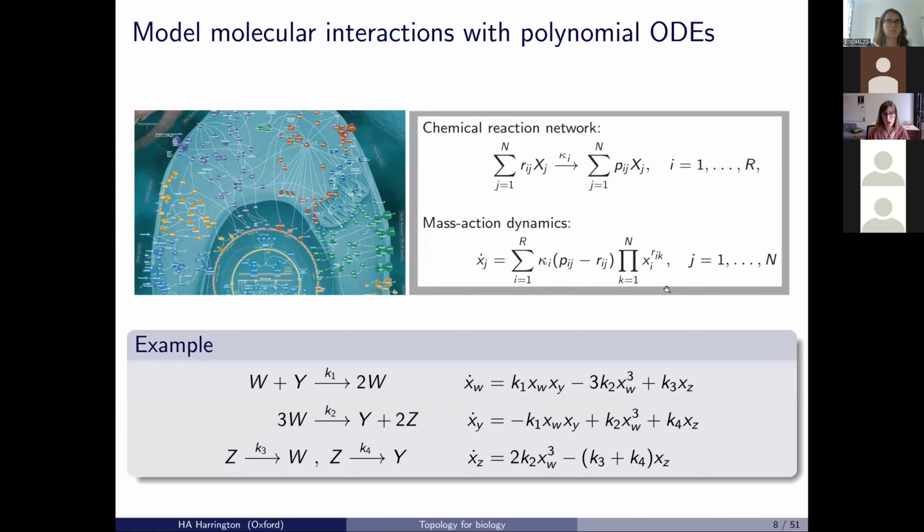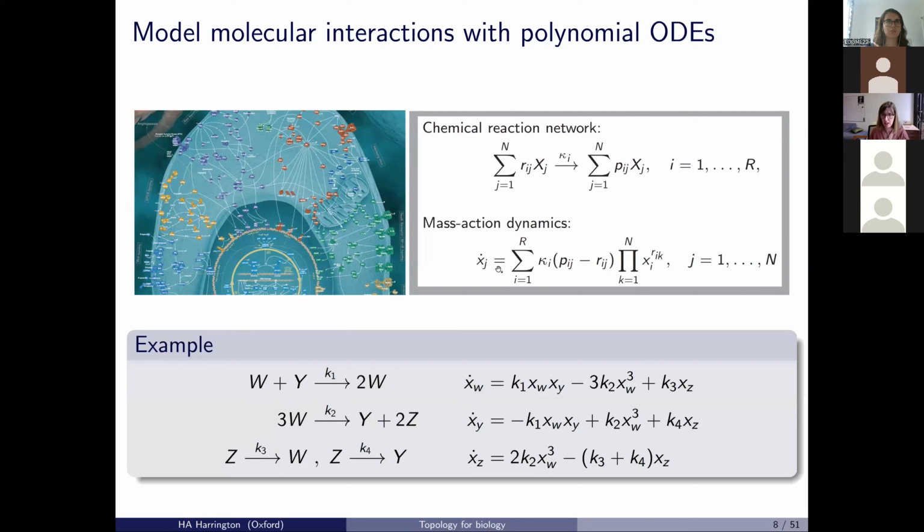So let me give you a concrete example. So if we have 4 reactions and we have 3 species, we're going to call this x_W, x_Y, and x_Z. Then we can look at the first reaction.